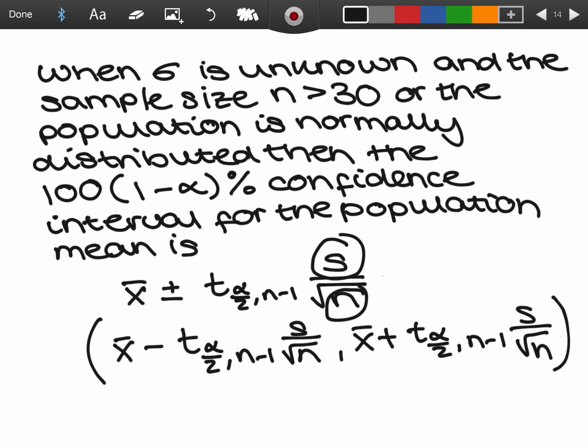We're just now using our sample standard deviation instead of our population standard deviation. Then we have this t value here. It's exactly the same idea as when we used z values the last time, and your calculator will do it for you. You just have to figure out the area and the degrees of freedom.